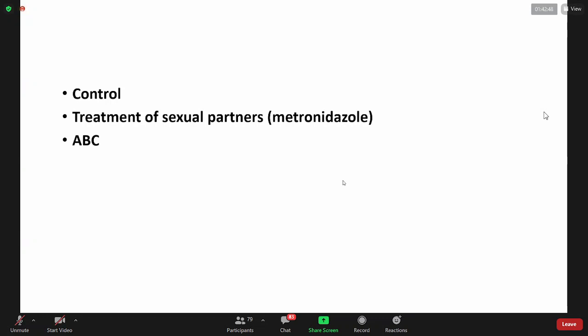If it is a polygamous relationship, then all the partners in that relationship should have treatment. The other control method is to abstain if you are not married until you are married, to be faithful, and then use protected sex.